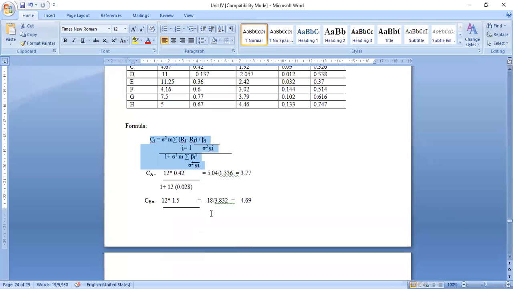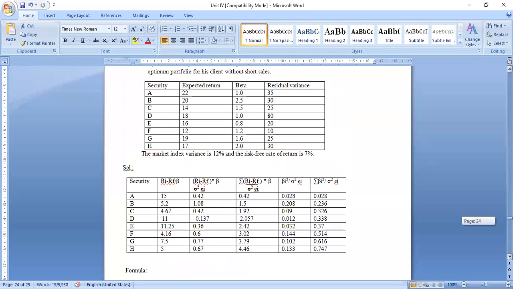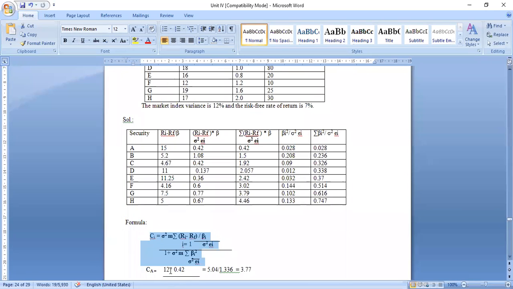Now we are going to insert here, in place of i, security A. And what is the variance of the market index? That is already given in the problem: the market index variance is 12% and the risk-free rate of return is 7%. So we are straight away going to insert it as 12 into summation of (Ri minus Rf) divided by residual variance into beta i.